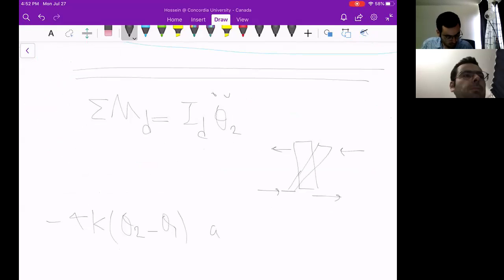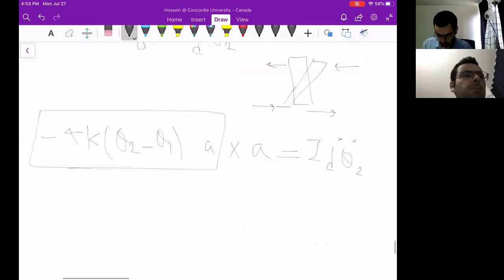This is the force multiplied by the arm, which is equal to I d theta double dot 2. Therefore, the equation of motion for the second mass is I d theta double dot 2 plus 4k (theta 2 minus theta 1) a squared equals 0.